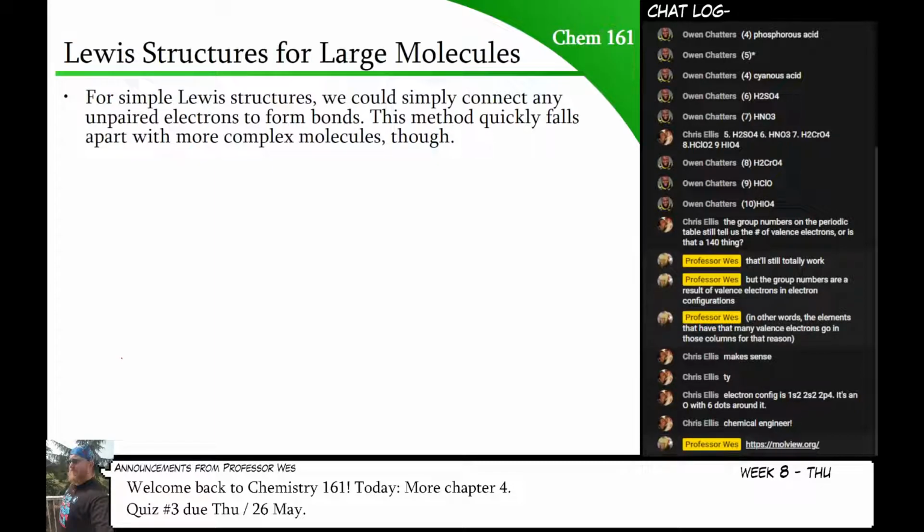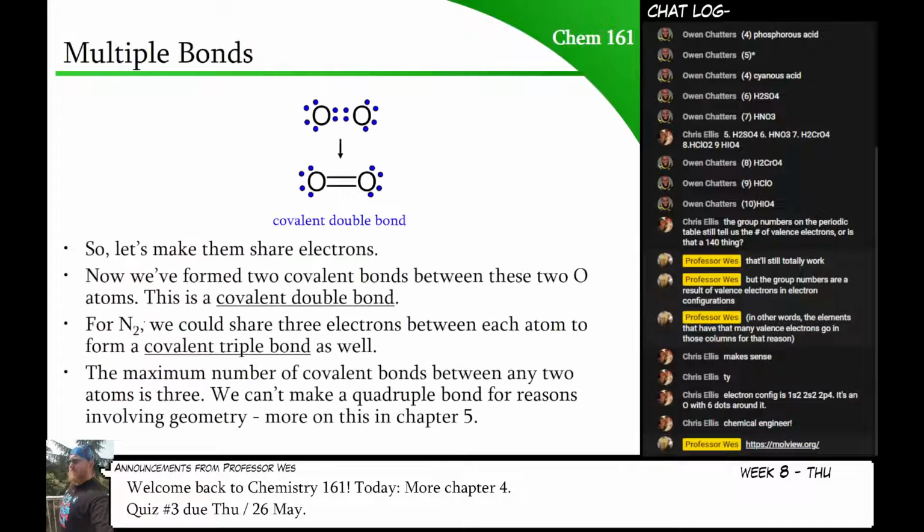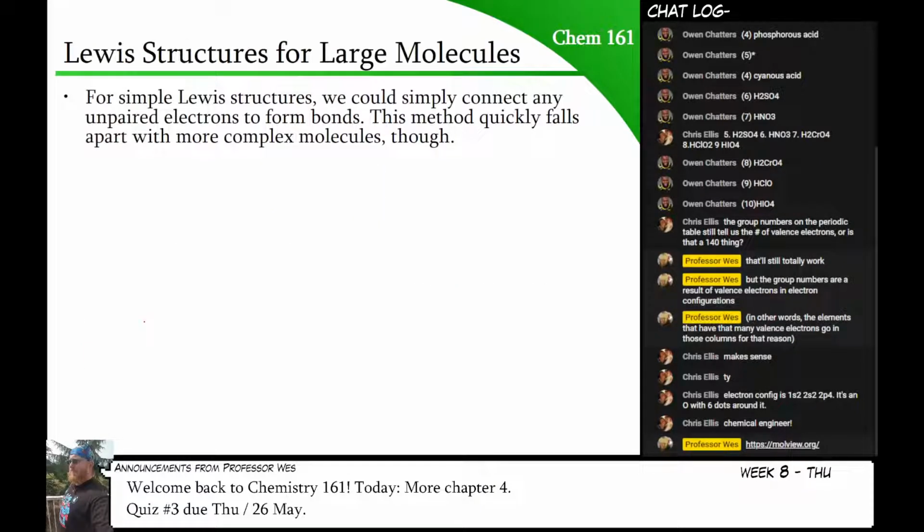All right. So the last thing that we're going to talk about today is this method that we've been using to just play connect the dots. It's fun, and it works. However, when you get more complicated molecules, it becomes real obnoxious.